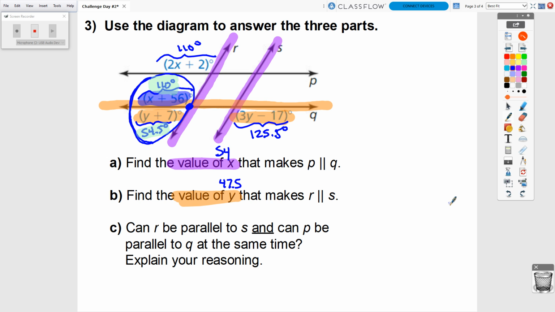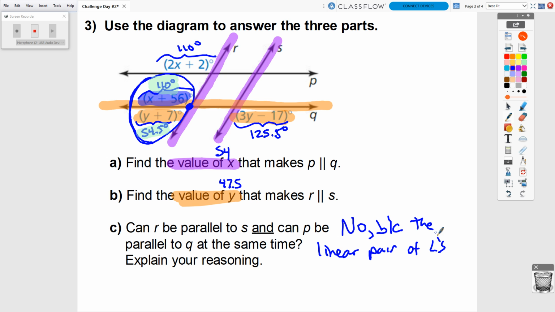Can R be parallel to S and can P be parallel to Q at the same time? And the answer is going to end up here being no. No, it can't. Because the linear pair of angles, and can I name those angles? No, I can't really name them because I don't have any letters to work off here.